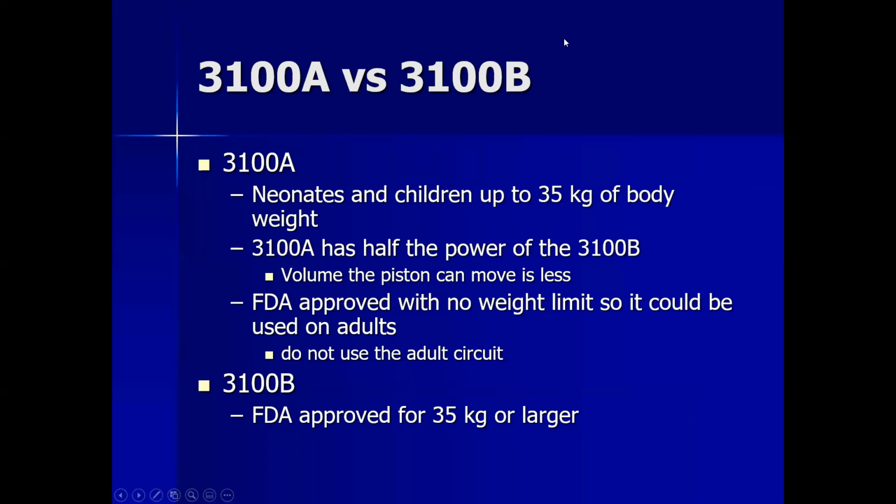There's a 3100A and a 3100B. How do you know the difference between them? Typically, the A was the first machine they came out with. You can use it on neonates and children. It has half of the power of the 3100B.